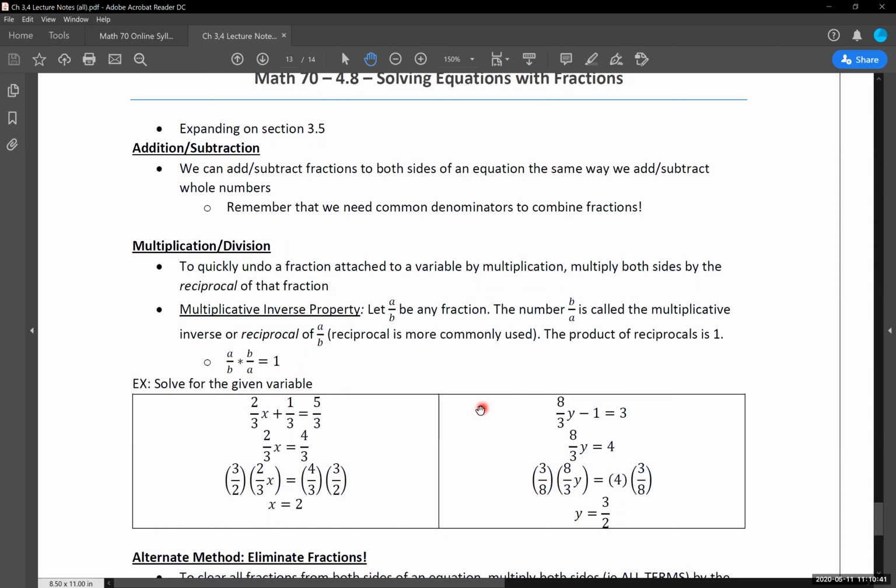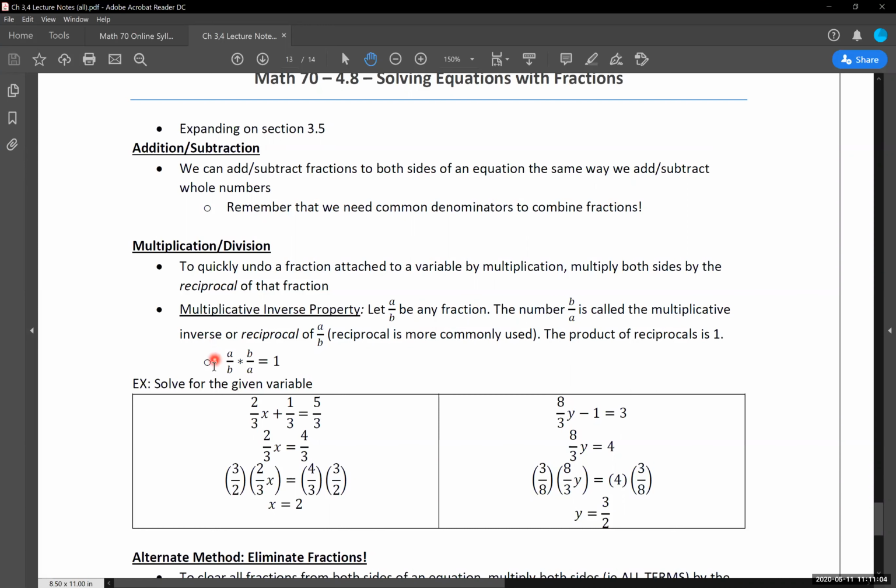What's really nice is that the product of reciprocals is always going to be 1. This is really nice when we need to get rid of something and get a single 1 in front of a variable. We'll go through an example and I'll show you the two ways this can be demonstrated, but this is our overall property.